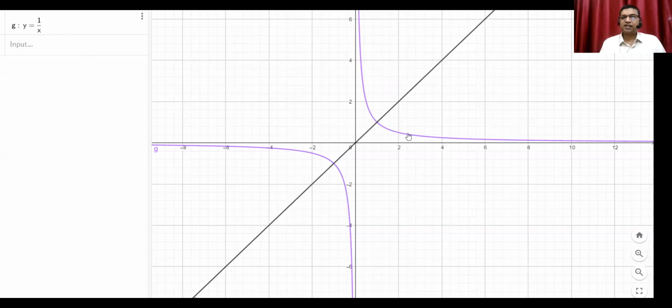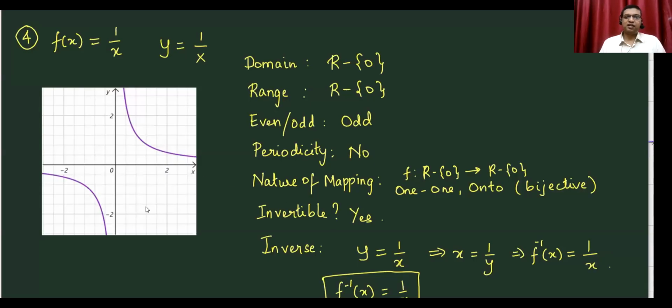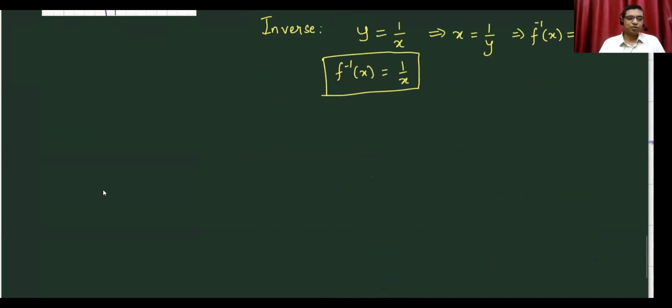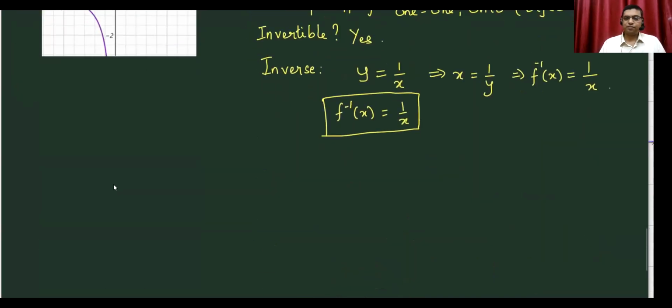You get exactly the same graph. So this is the nature. This is the reciprocal function. This function in calculus will play a very important role. Right now, you'll not know it, but in calculus, it will play extremely important role.